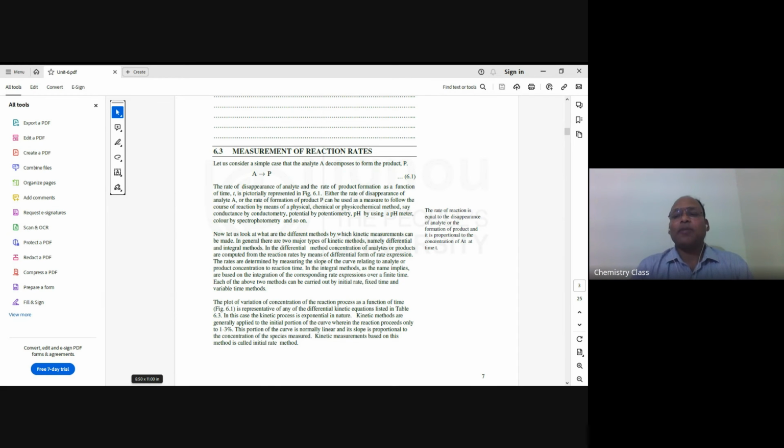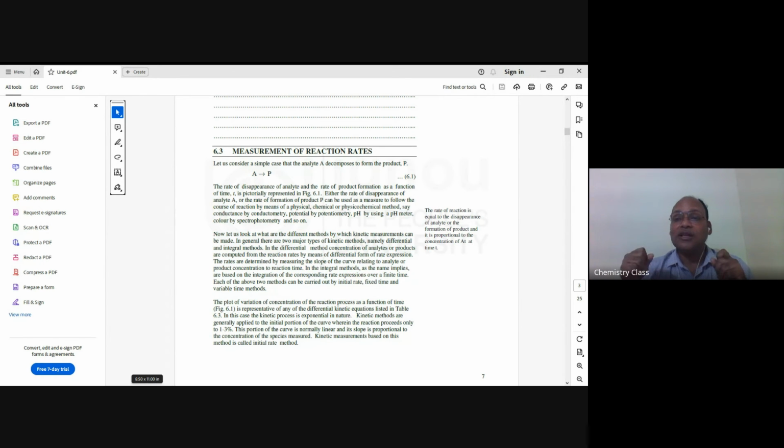The concentration of A will decrease, and the concentration of B will also decrease. Initially the concentrations of C and D were 0, but they will increase from 0.